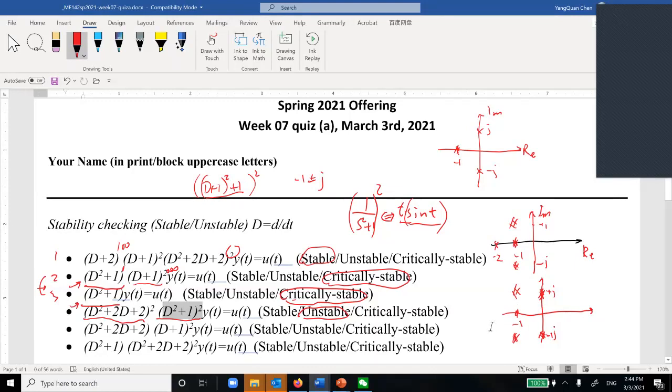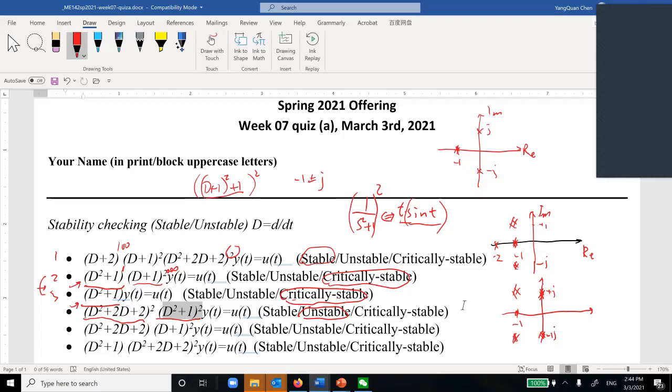So you can summarize some of the rules. I'm not going to do a bullet list. Basically, you check all the pole locations. If anything is on the right half plane, that's unstable. If all are in the left half plane, no matter how many multiplicities you have, it is all stable.